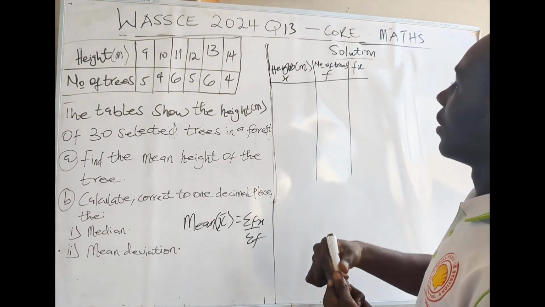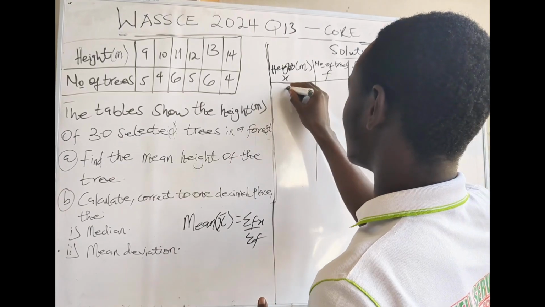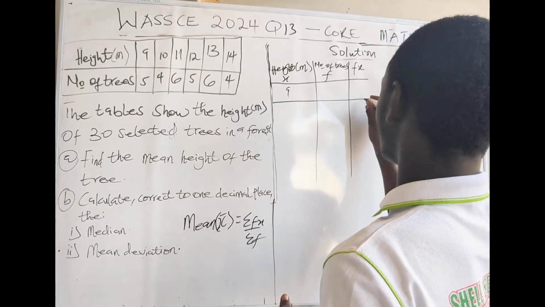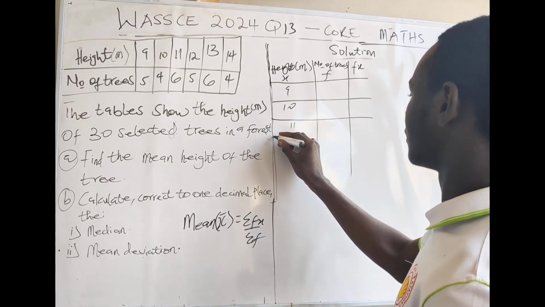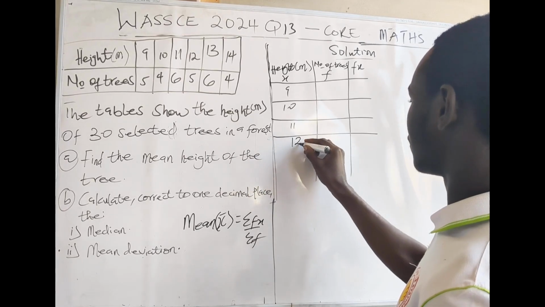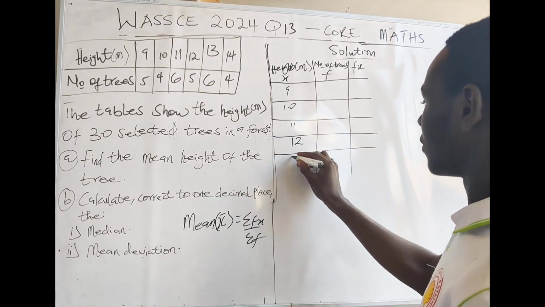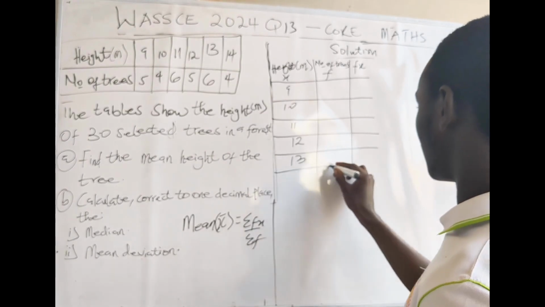From here our height is 9, 10, 11, 12, 13, and then 14.